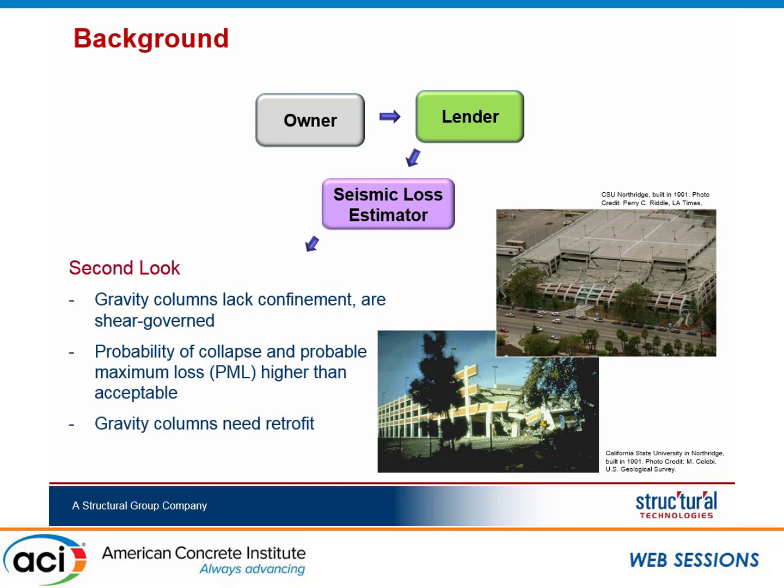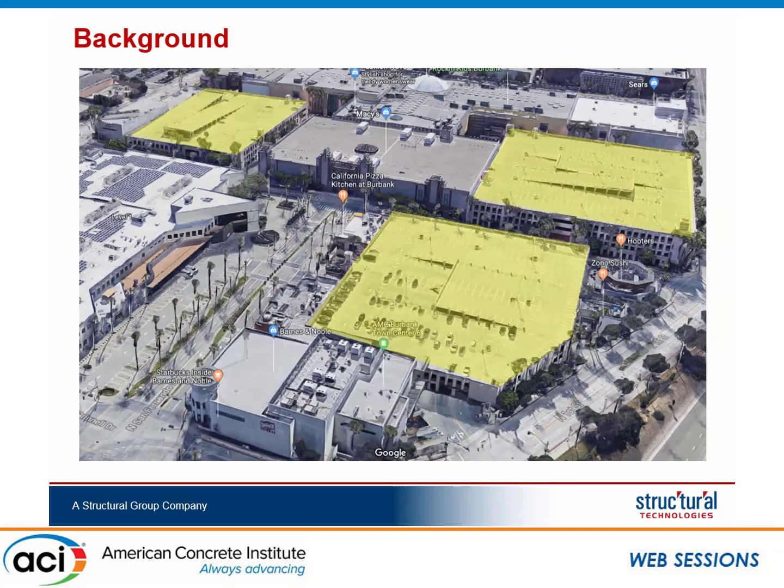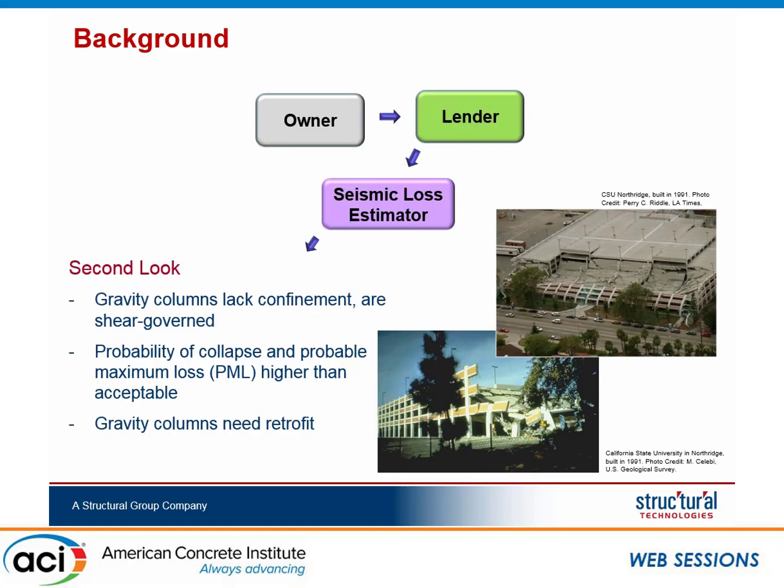He informed the lender that this building, although it looks pretty good at first look, at second look has to be retrofitted. So when the information was sent to the lender, the lender informed the owner that you have to take care of these buildings before you are qualified to get a loan.